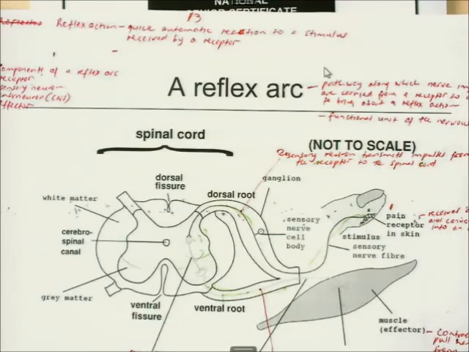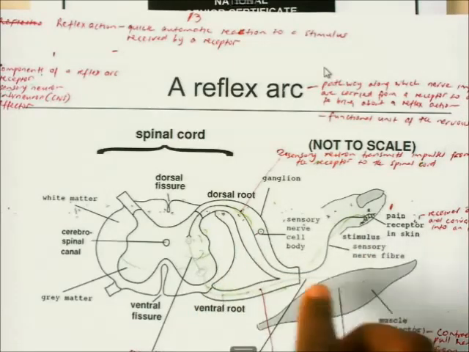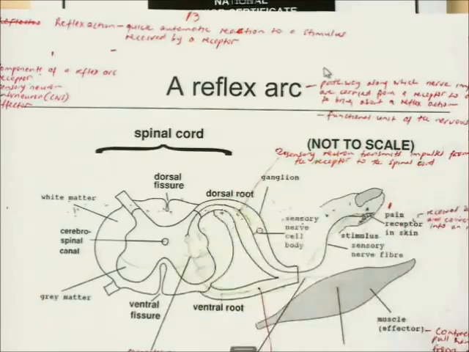So these pain receptors convert a pain, which is a stimulus, into a nerve impulse. So the nerve impulse will then be taken by a neuron, which is called what? A sensory neuron.